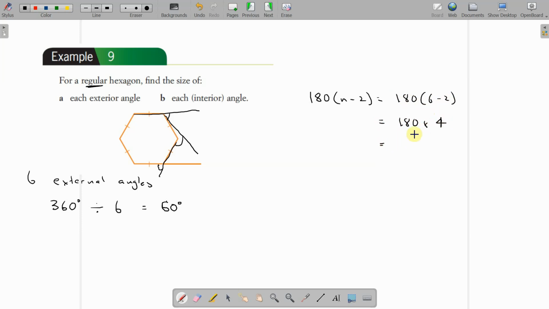So the total is 720. That's the angle sum of the inside angles, interior angle. Total is 720, that's how you do it.